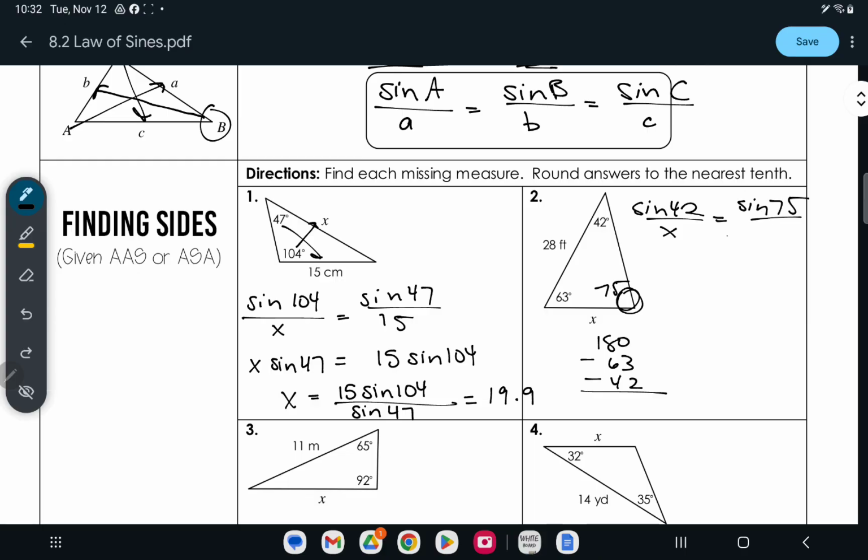So sine of 75 over 28. And then cross multiply. So x sine of 75 equals 28 sine of 42. We can divide both sides by sine of 75. So 28 sine 42 divided by sine of 75, which is 19.4.